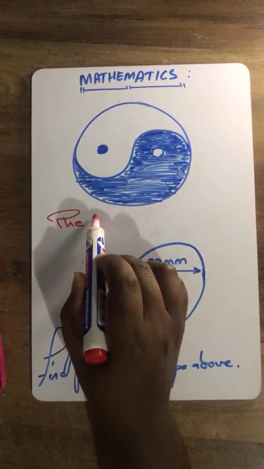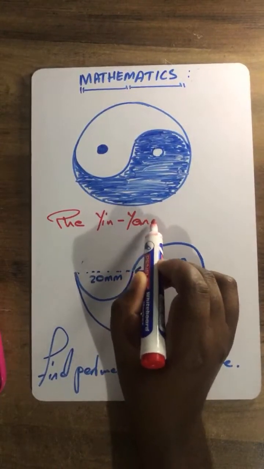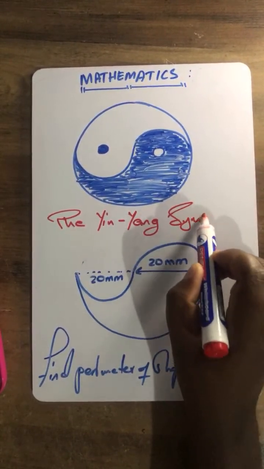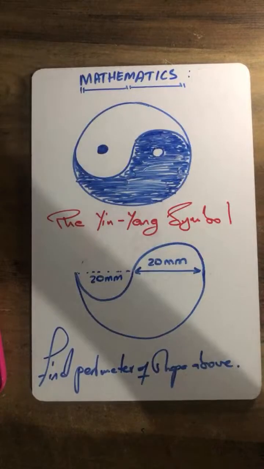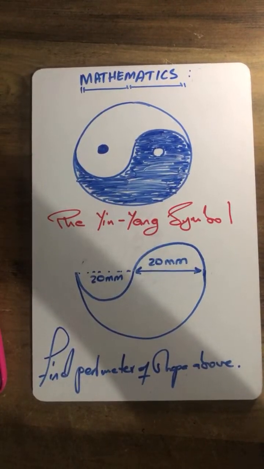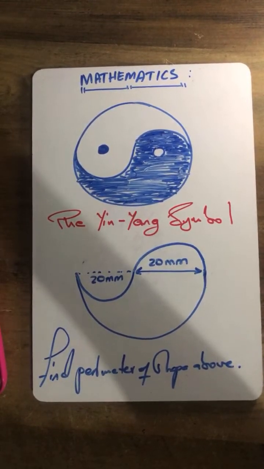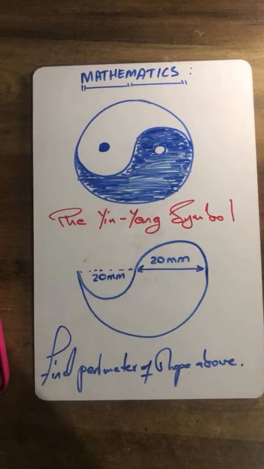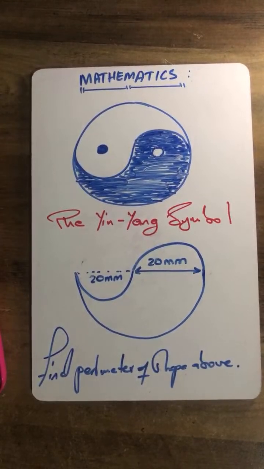That is there, the yin-yang symbol. Yes. Find the perimeter of the shape above.